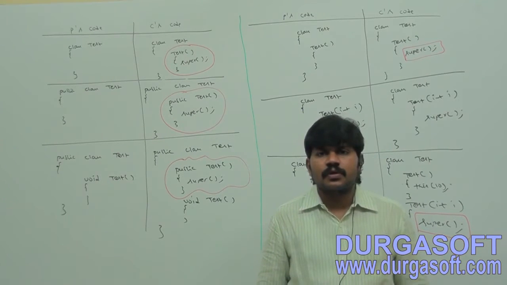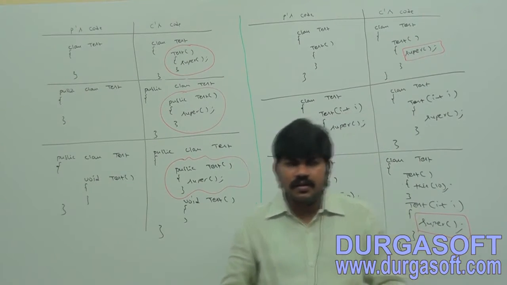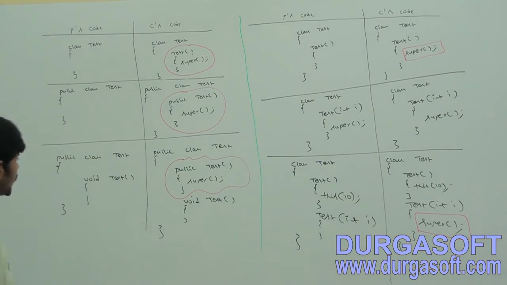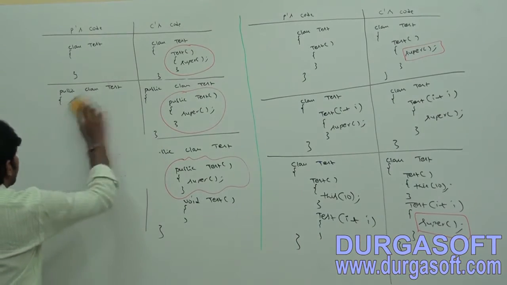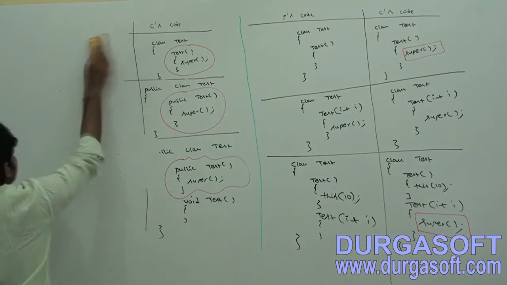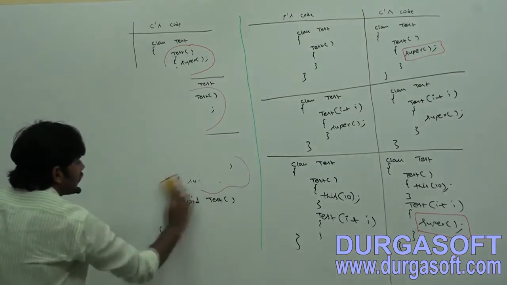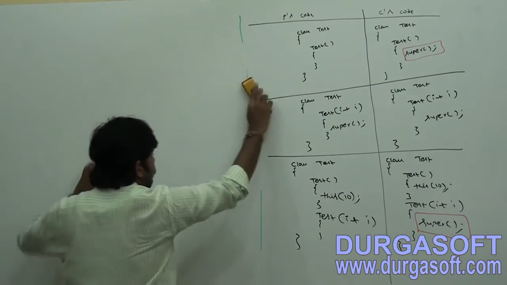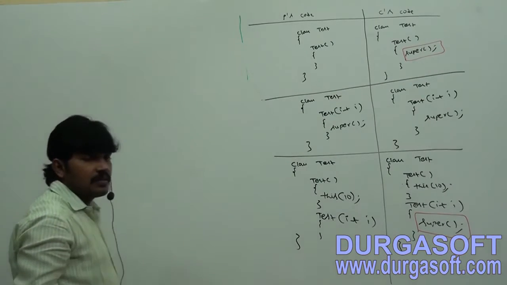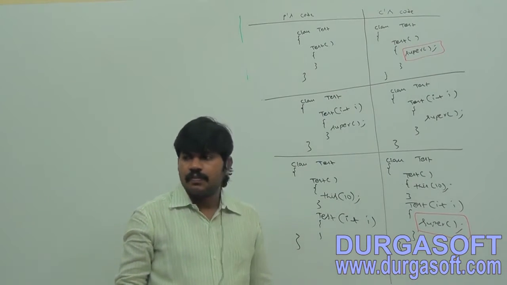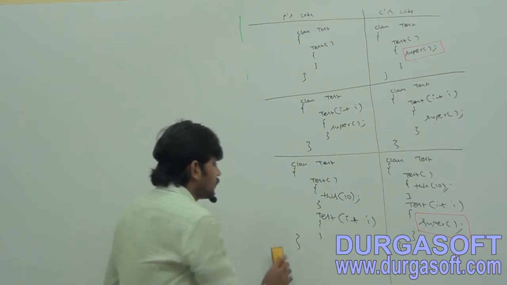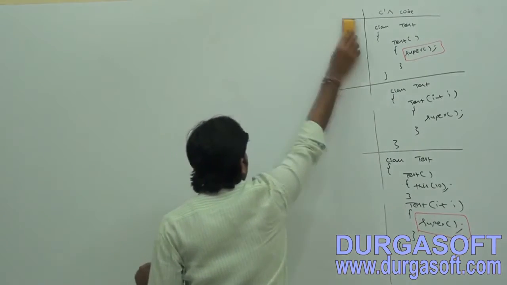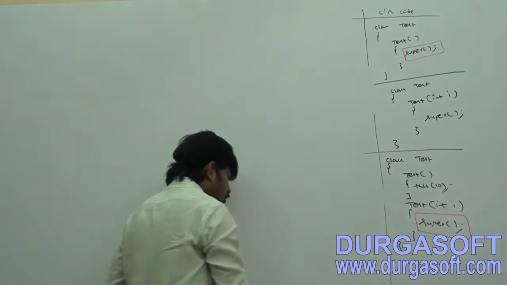And if we are not writing anything, then the compiler will always place what?